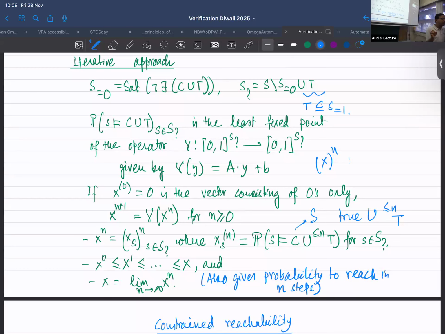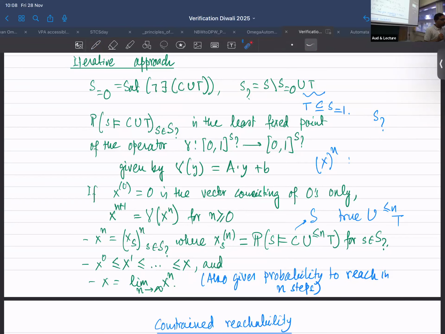What is the probability of reaching it? That is my x1. Because I'm talking about the S question states here, I'm not talking about the states which are already in T, but the states which are not in T, so they're in S question. So now I'm saying, what is the probability that I'm reaching T in exactly one step.